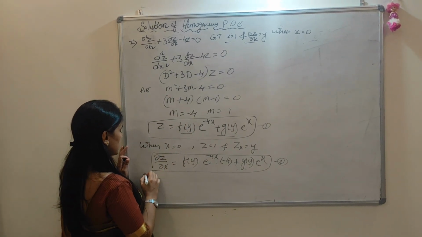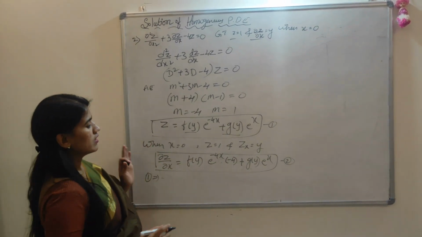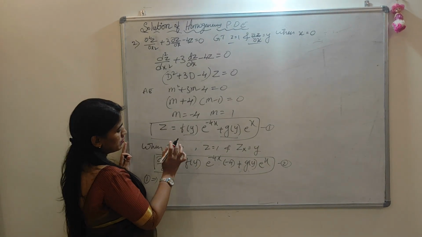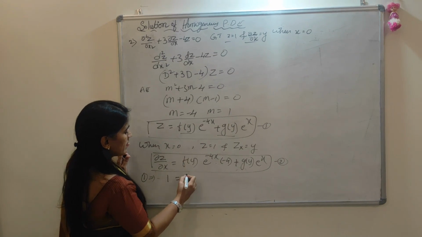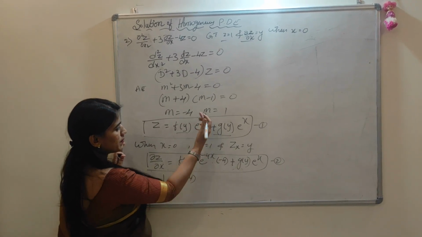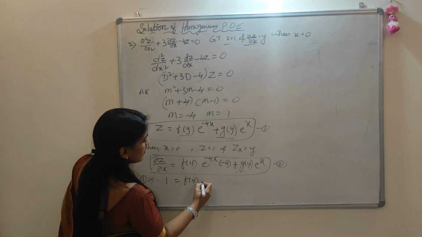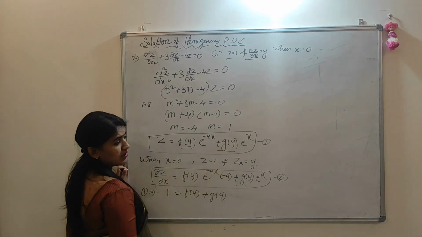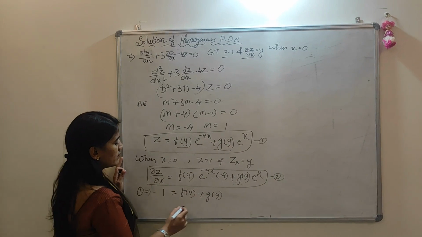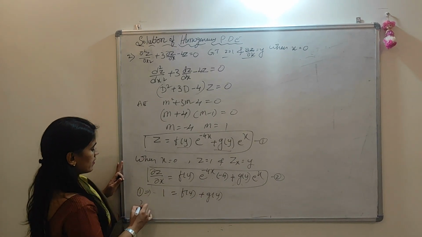First, I'll substitute the condition in equation 1: when x is 0, z is 1. So 1 = f(y) e^0 + g(y) e^0, and e^0 is 1. So we got f(y) + g(y) = 1.